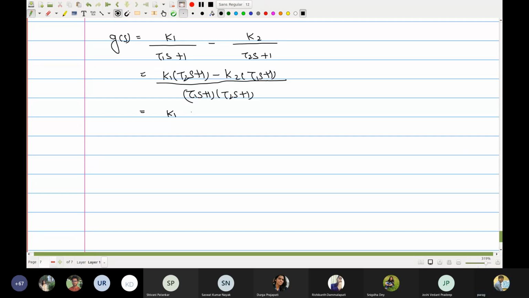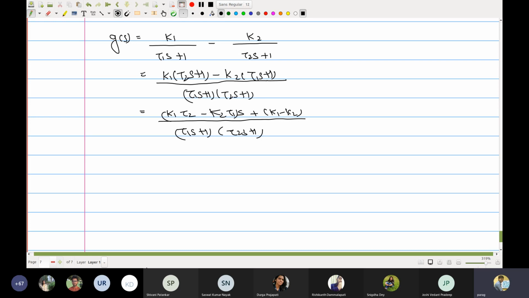Which means you have K1 tau 2 minus K2 tau 1, times s, plus K1 minus K2, upon tau 1 s plus 1 times tau 2 s plus 1.